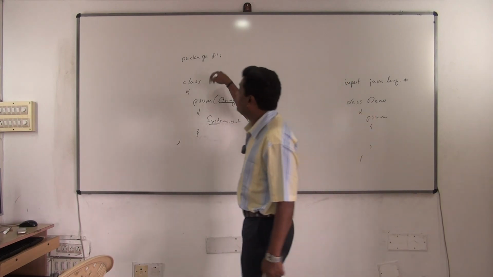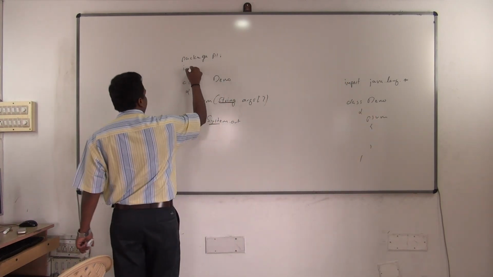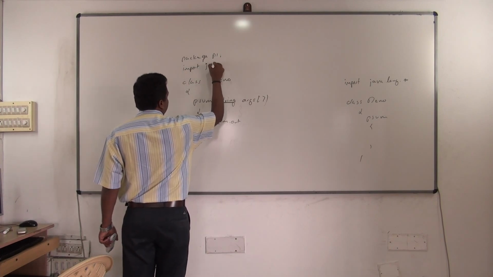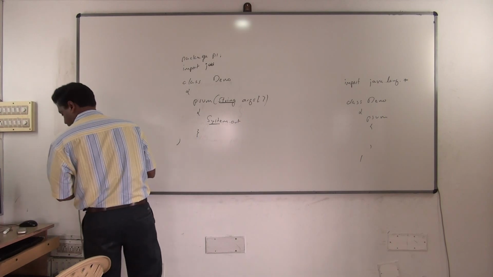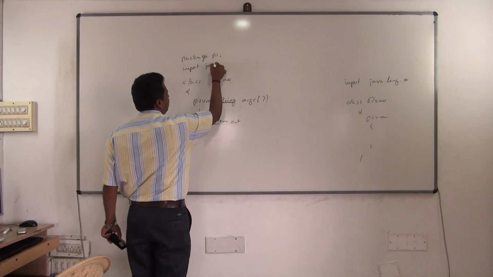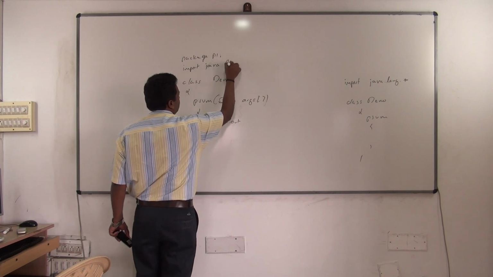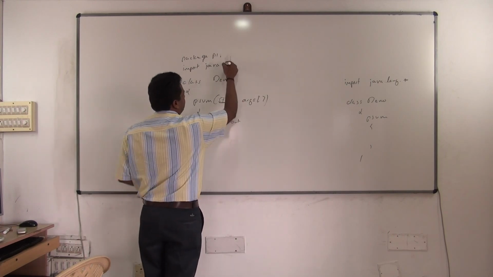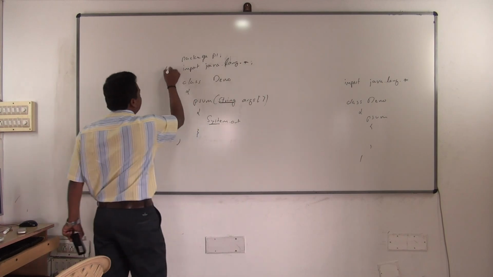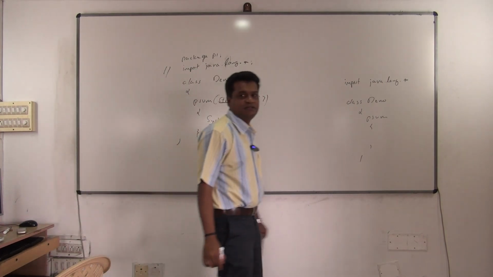During runtime, when you run the program, the JVM will add this: import java.lang.*. But we are not writing this line. Are we writing this line? We don't write this.